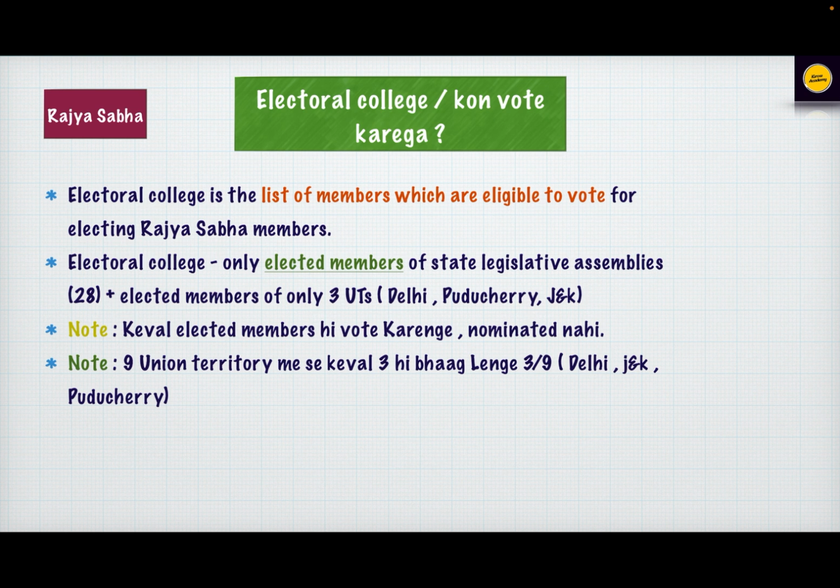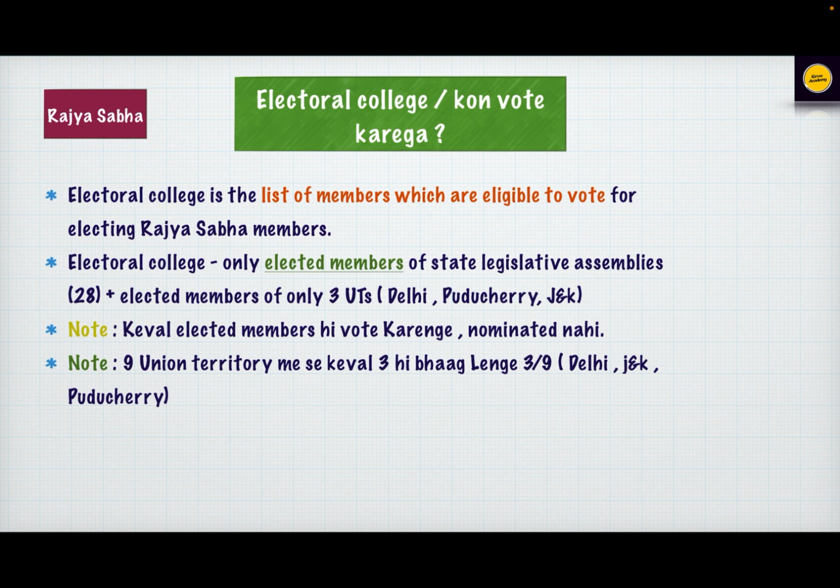However, for Raj Sabha, the election process is not direct as compared to the Lok Sabha. It is indirect. Indirect means people do not vote for the Raj Sabha members. However, those we have selected, the MLAs, participate in the election of Raj Sabha.